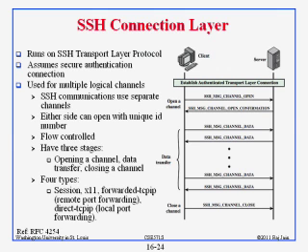And there are 4 types of channels. One is for terminal sessions, the normal one, X11 session, which is the Windows session, and then forwarded TCP/IP and direct TCP/IP. That is for any other applications other than these 2. You could use SSH for any other application by forwarding their ports. And there are 2 ways of forwarding the port. One is called remote port forwarding, the other one is called local port forwarding.